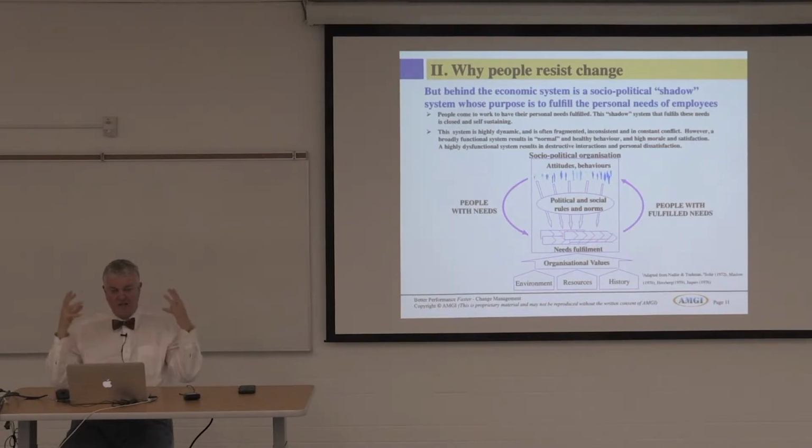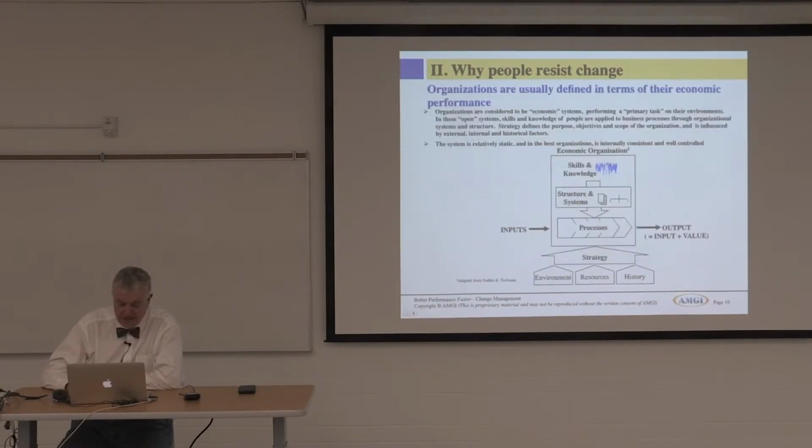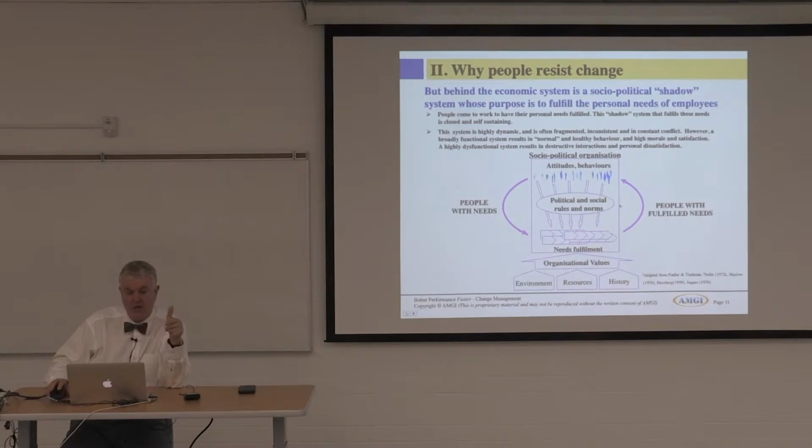And this is where the real feelings of the people and their motivations get expressed. People come to work to have their personal needs fulfilled. They come to work to do as well as they can for the economic organization, to make revenue and so on. But underneath it, they have their own personal needs fulfillment.